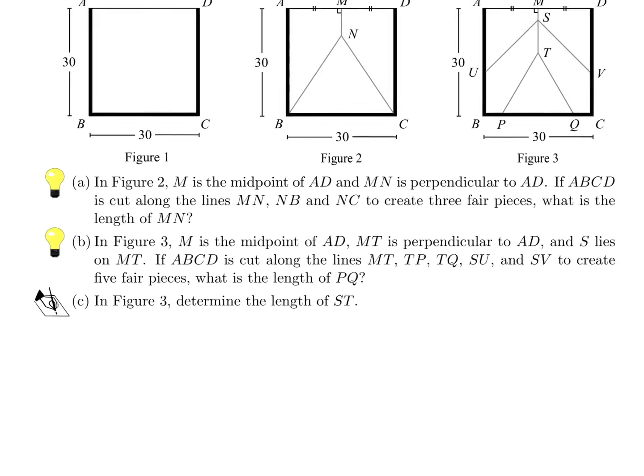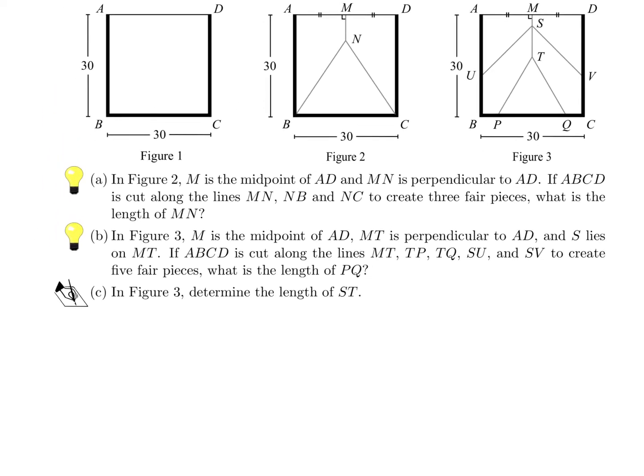Okay, so let's work with that. Let's keep it in the same diagram. So let's label this now, if we can. So since MN is sort of down the middle, that looks to me like 15 and 15 right there, those two.